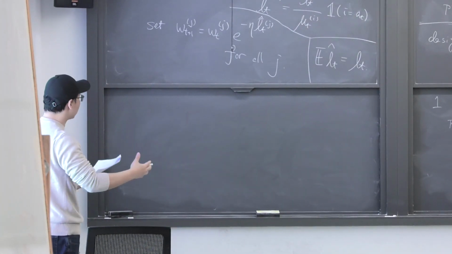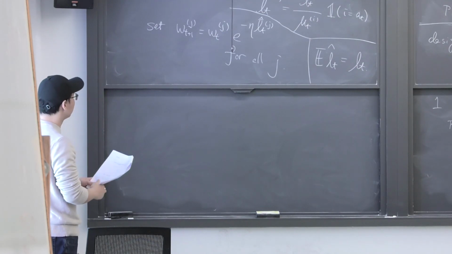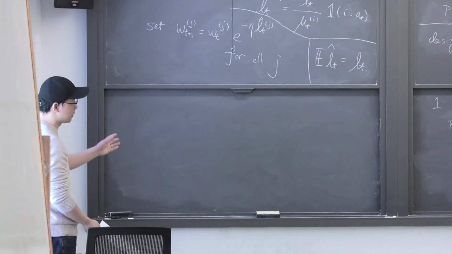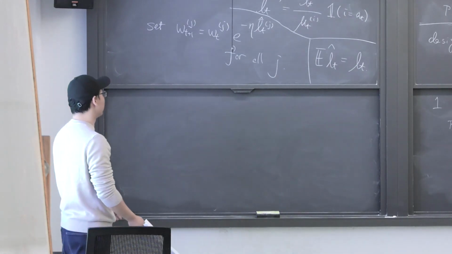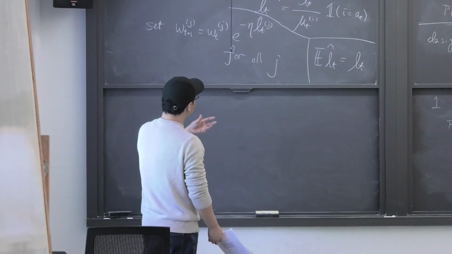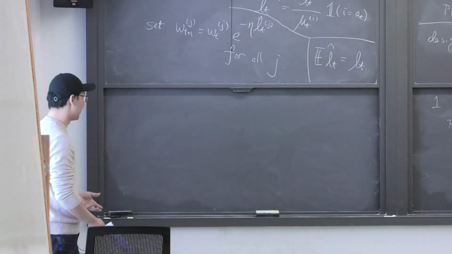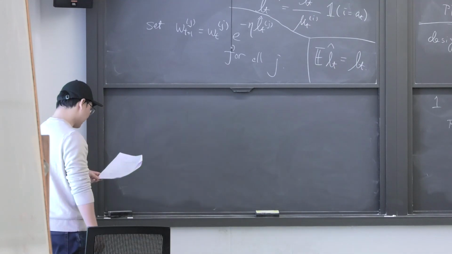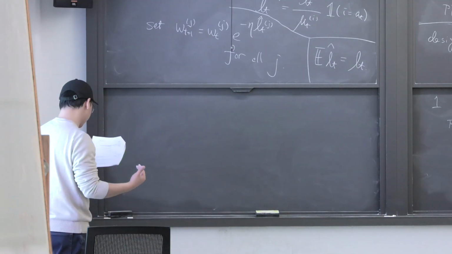You can think of this as a soft version of being greedy with respect to the history. Being very greedy with respect to history is just looking at the history, seeing which arm performed the best, and taking that arm. But this is saying I'm going to do some exponential weighting instead of just looking at which arm is doing the best. So it turns out this simple algorithm is able to achieve the no regret guarantee.